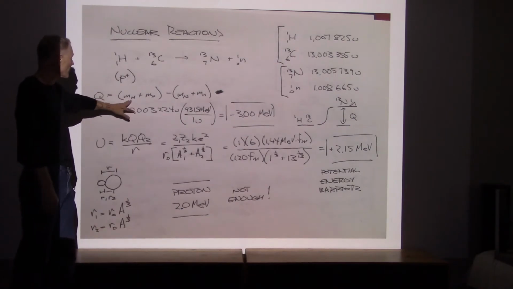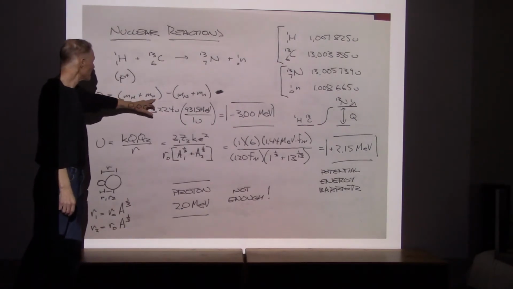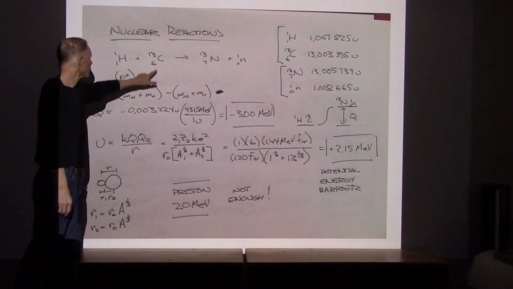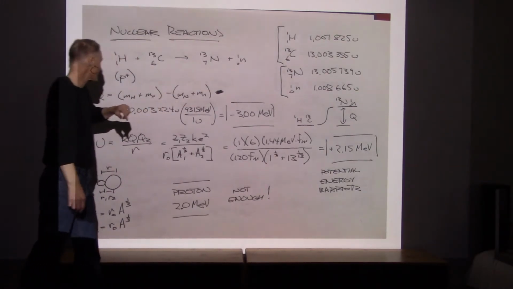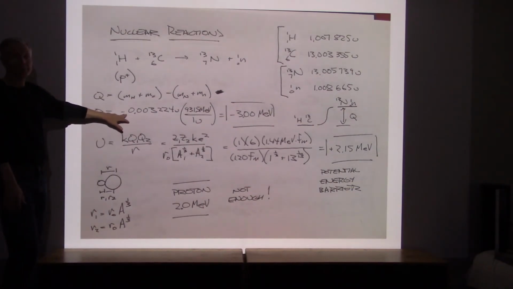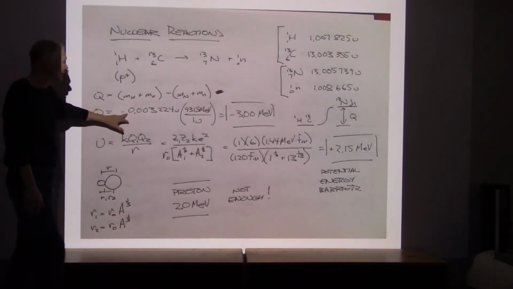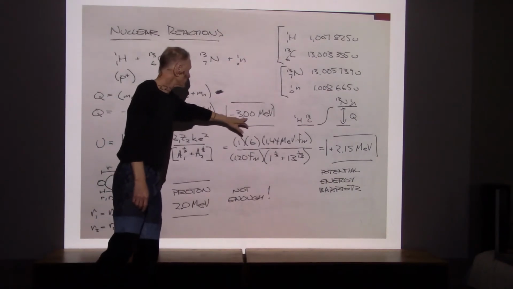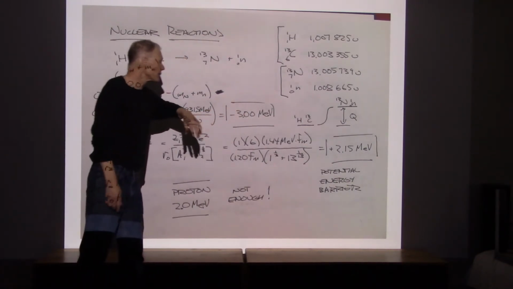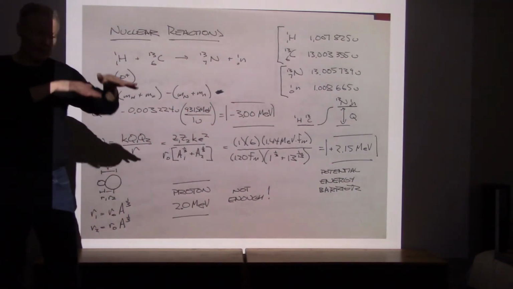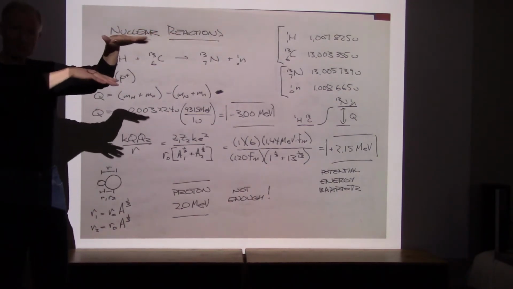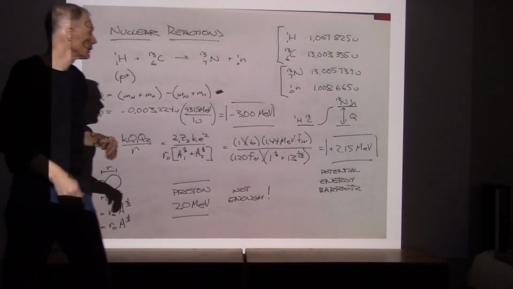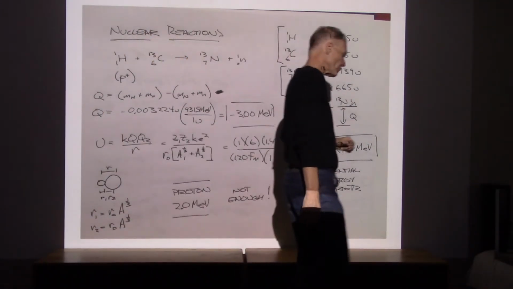This is the mass of the hydrogen plus the mass of the carbon, subtracting off the mass of the nitrogen and the mass of the neutron. We got a minus sign. So the minus sign is telling us, and this is minus 3.00 MeV, the minus sign is telling us once again we're creating something with more mass. That additional mass is the equivalent of 3 MeV of energy.